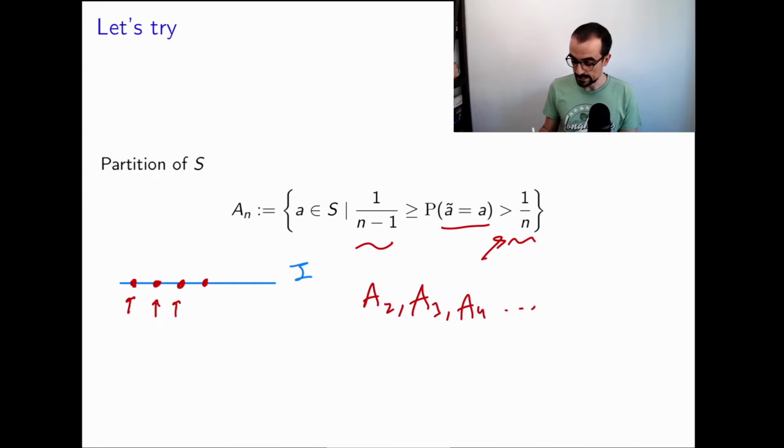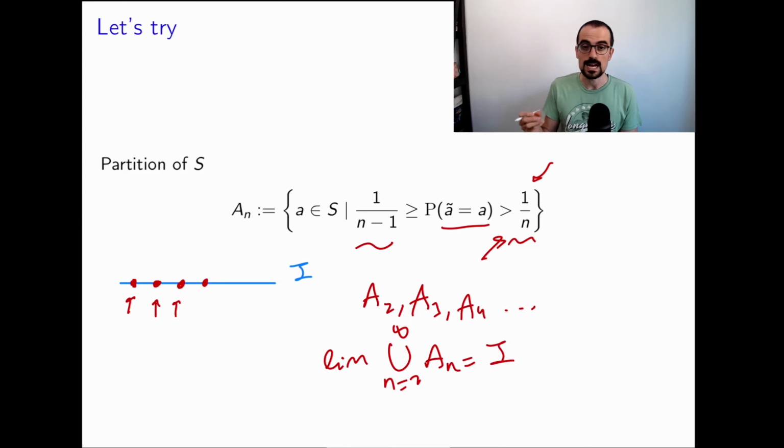As I take n to infinity, you can see that I'm basically covering every possible value of the probabilities because I'm taking increasingly small probabilities. So if I consider the union of all these sets from n equals 2 to infinity, I'm covering the whole interval, as long as we assign probabilities to each of the points.